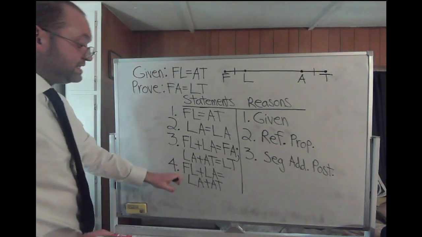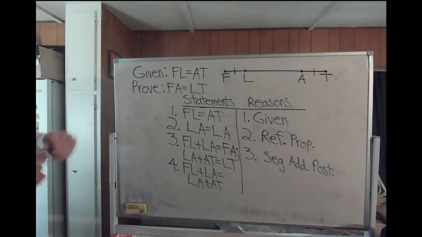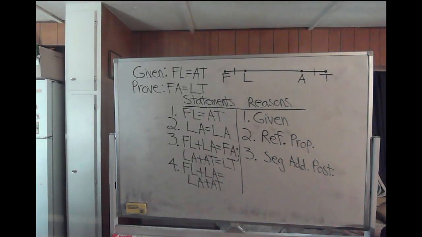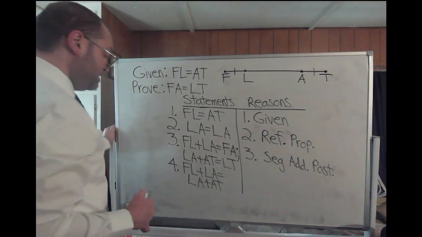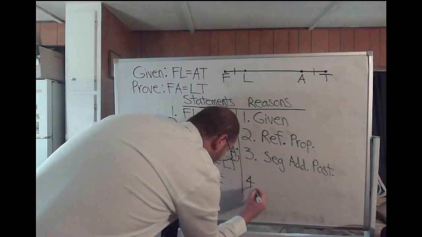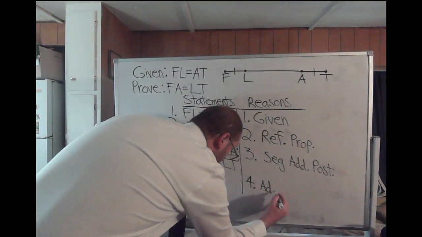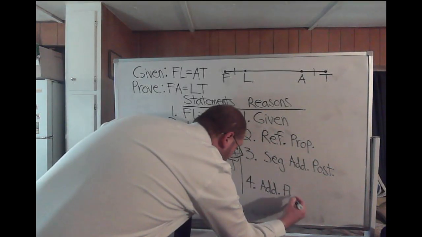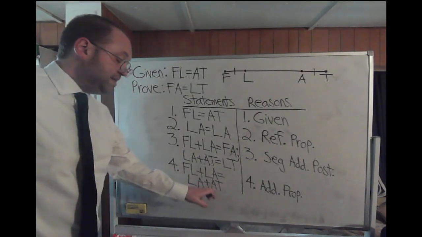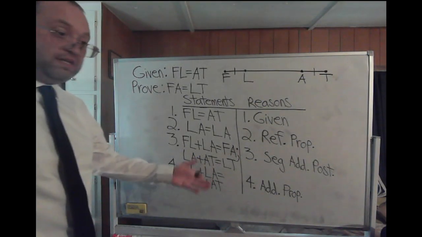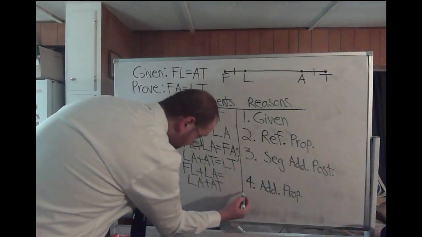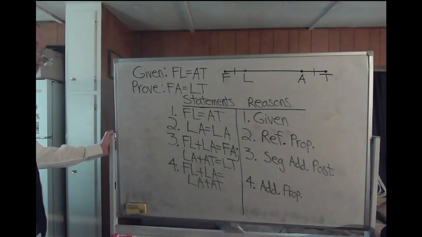How can we refer to that? That's going to simply be the addition property. This is done by the addition property for number 4, right? This goes back to similar to what FL would be your A, AT would be your B, LA would be your C on each side, right? LA's equal, FL equals AT, so you can use the addition property of equality to set that up.